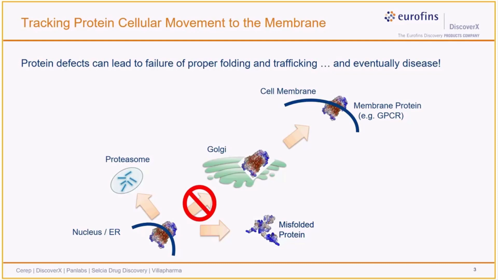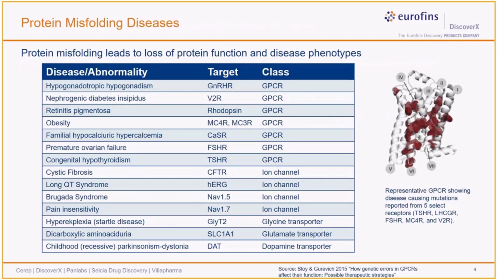So instead of exiting the endoplasmic reticulum, they undergo a process called ER-associated degradation. So it gets rerouted either to the proteasome, or sometimes it gets misfolded and it aggregates, which obviously is not desirable.